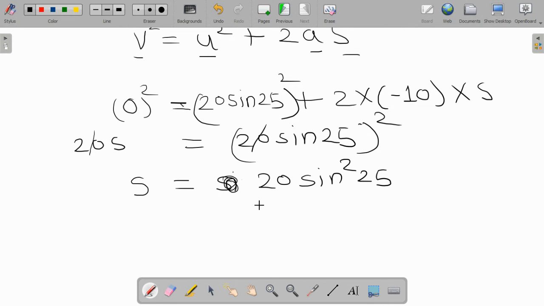Fine. Now you can use your calculator or your logarithmic table to find out the value of sin 25. It comes out to be 0.426 and the square of it would be 0.178, and therefore the final answer for this question will be 3.5721.